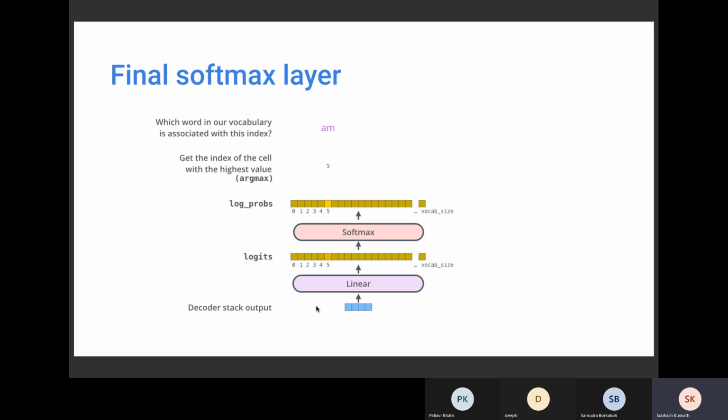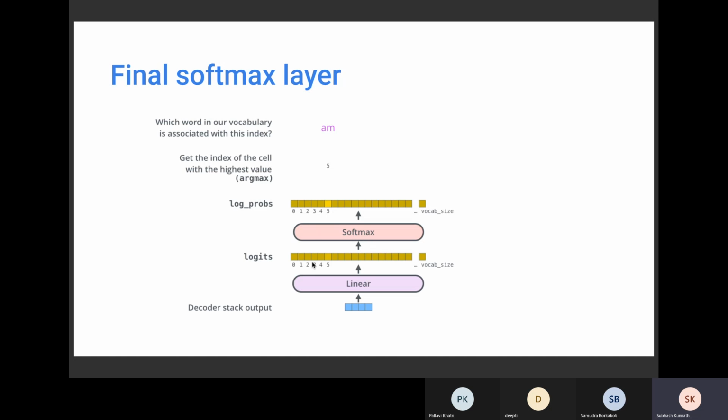You get some output of this whole decoder stack, and that's fed to a linear feed forward neural network, and you get these logits, numbers which may be positive, negative, or very large values. This whole vector would be of the size of your vocabulary, and then you apply a softmax layer.